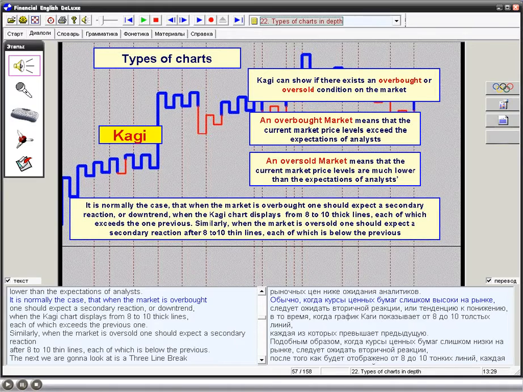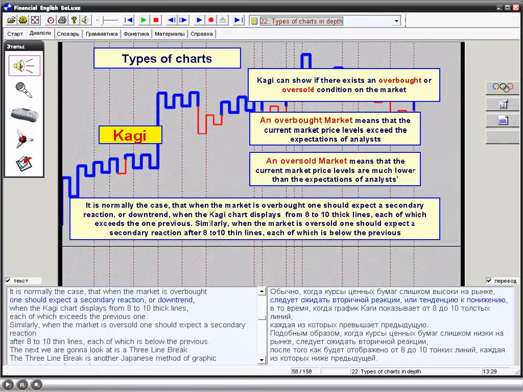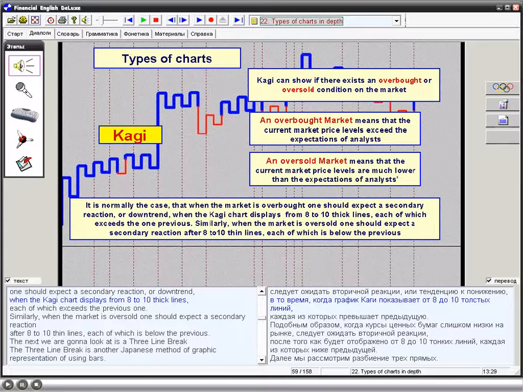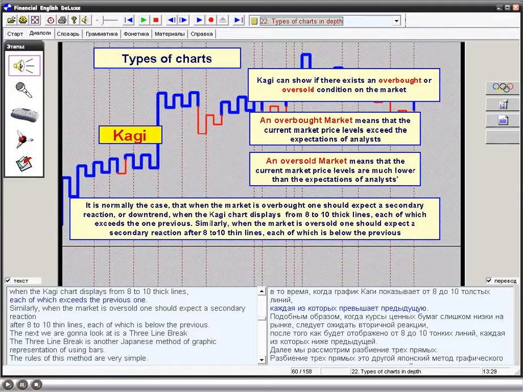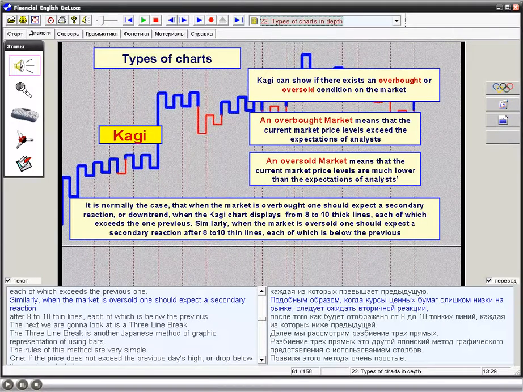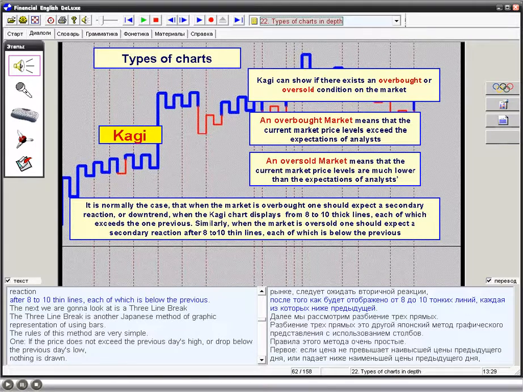It's normally the case that when the market is overbought, one should expect a secondary reaction, or downtrend, when the kagi chart displays from 8 to 10 thick lines, each of which exceeds the previous one. Similarly, when the market is oversold, one should expect a secondary reaction after 8 to 10 thin lines, each of which is below the previous.